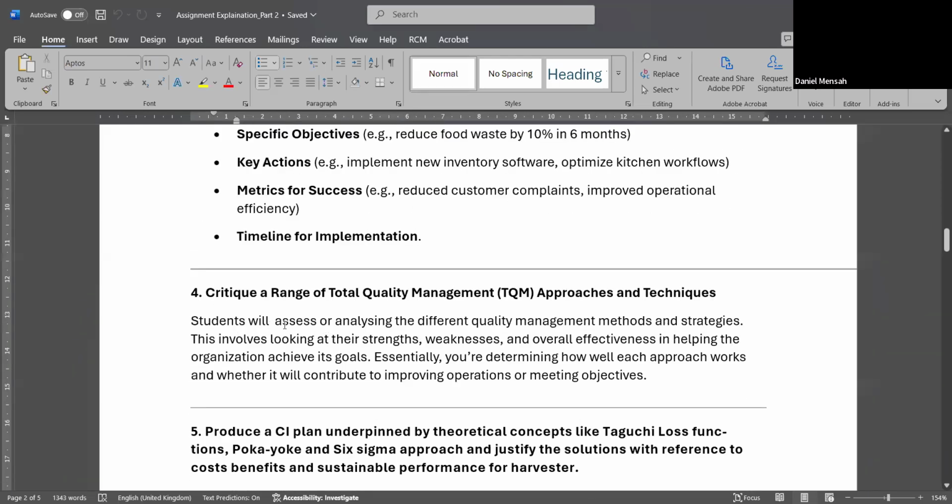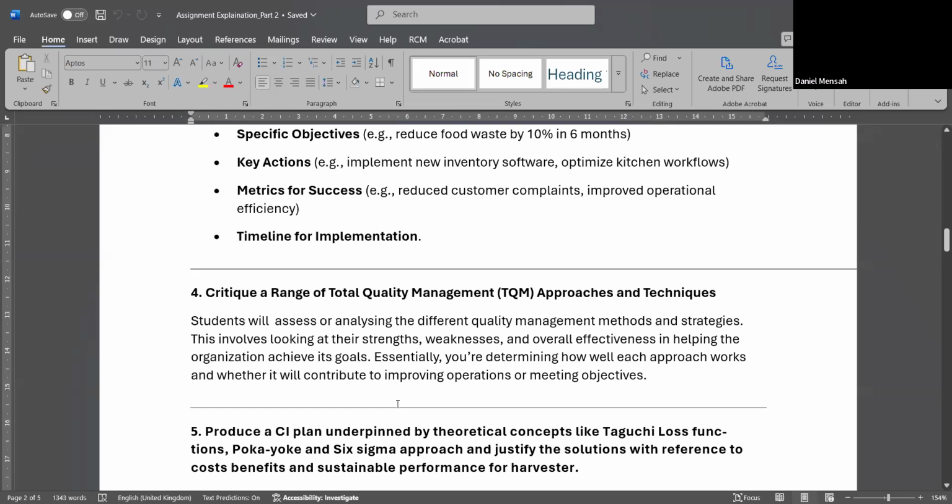So you will assess or analyze the different quality management methods and strategies by looking at their strengths, weaknesses, and overall effectiveness in helping the organization achieve its goal. In this case, your organization is Harvester. So you will be connecting how those techniques, what are the strengths and weaknesses of those techniques, and how those techniques are helping Harvester to achieve its goal.